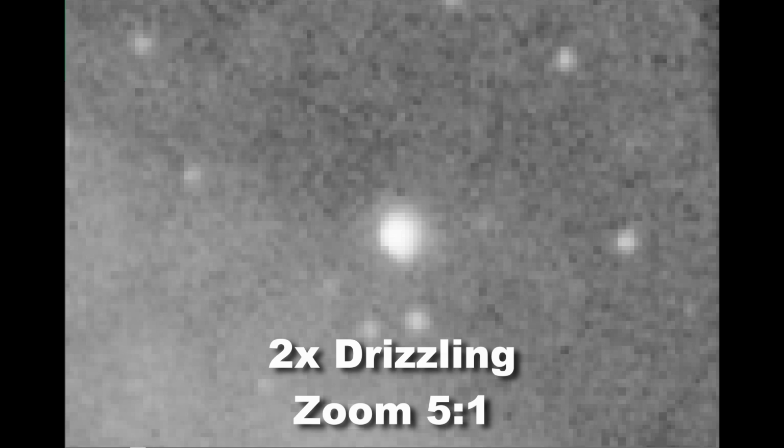There are fundamentally insufficient pixels on the sensor to be able to capture that detail. This is linked to the focal length that you're using and the pixel size itself. So drizzling helps to remove that pixelated view by increasing the overall resolution of the final image, and you can then build up rounder stars and more detail from the detail that you have.